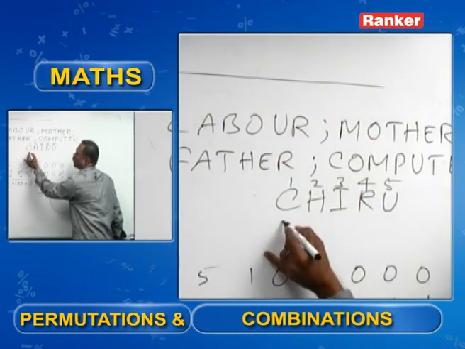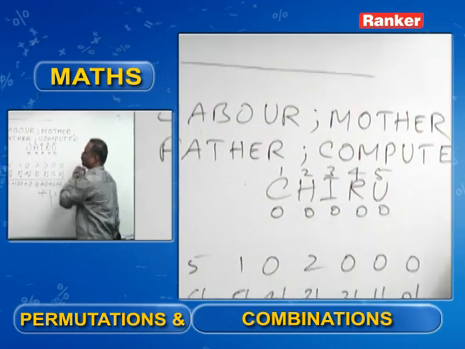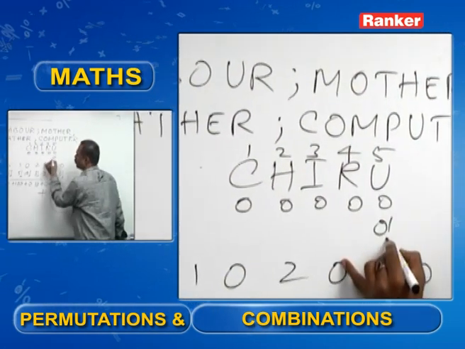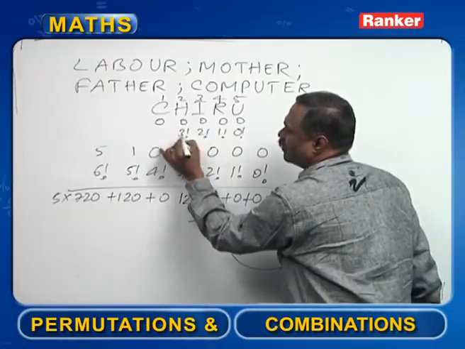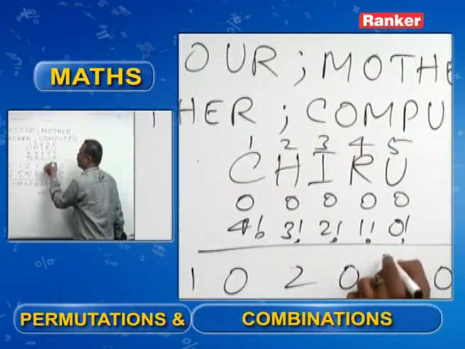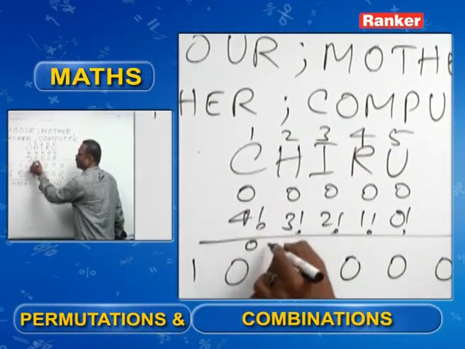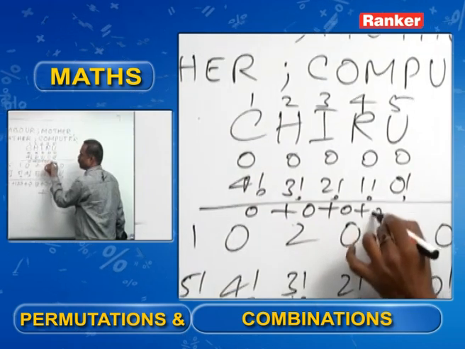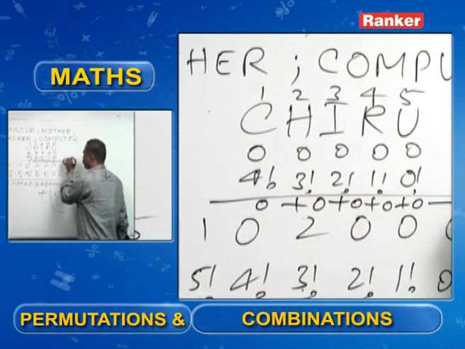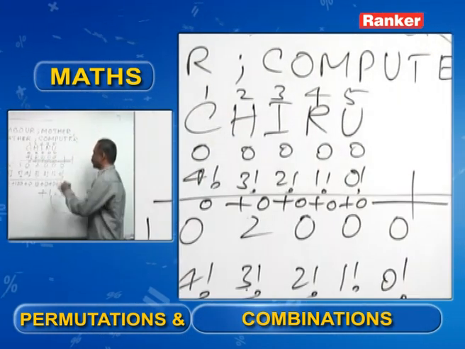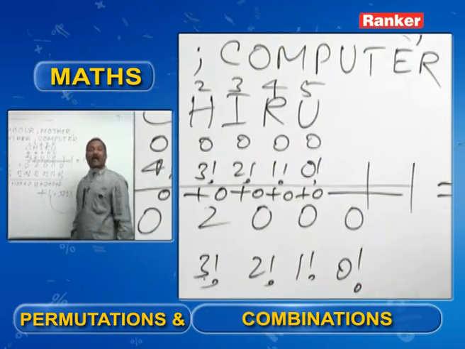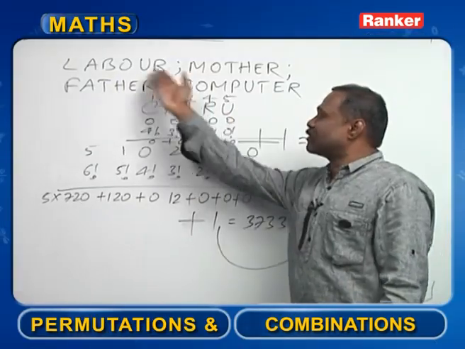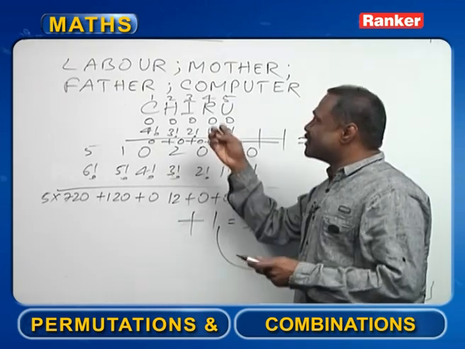So all will be 0, 0, 0, 0, 0. And 0 factorial, 1 factorial, 2 factorial, 3 factorial, 4 factorial, if you multiply all this, you will again get zeros. But plus 1 for CHIRU itself. So its rank is 1. Like that, if you practice this, you can understand this.